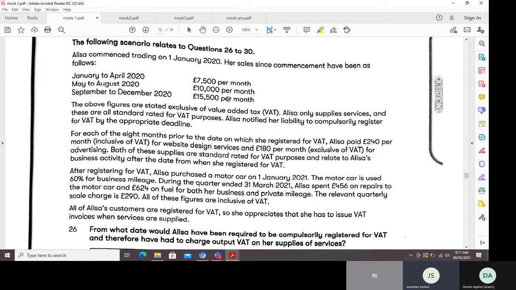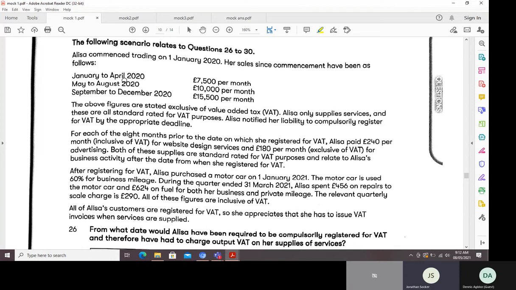September to December, per month we are getting so much. And the above figures are stated exclusive of VAT. Lisa only supplies services, and these are all standard rated for VAT purposes. Lisa is to notify her VAT to compulsorily register for VAT by the appropriate deadline.